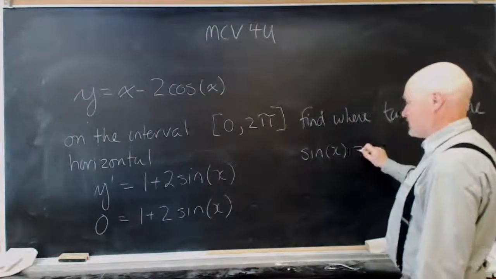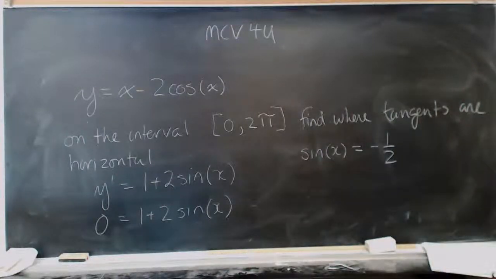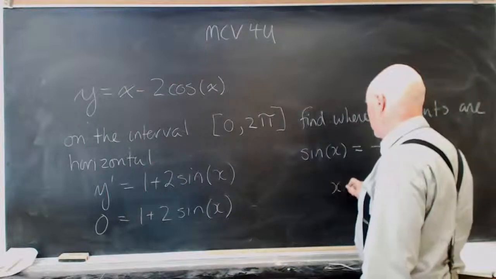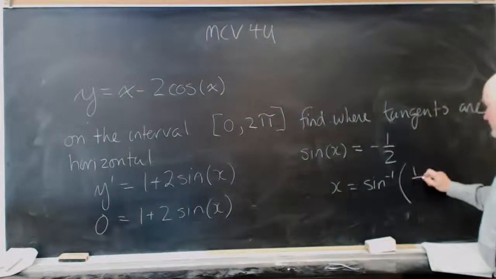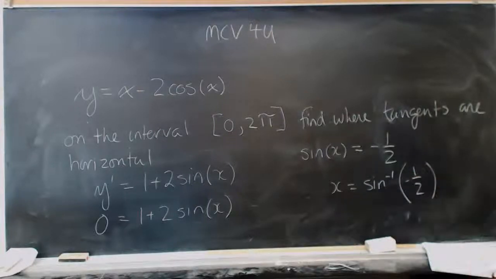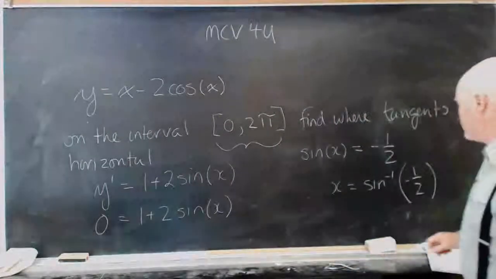So we're interested in places where sine x is equal to negative 1/2. So we're going to take the inverse sine of negative 1/2. Because we're between 0 and 2 pi, we are going to get 2 answers.